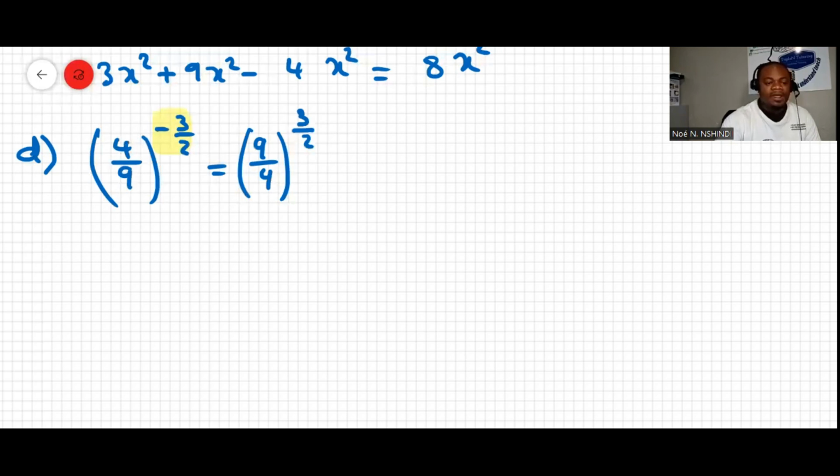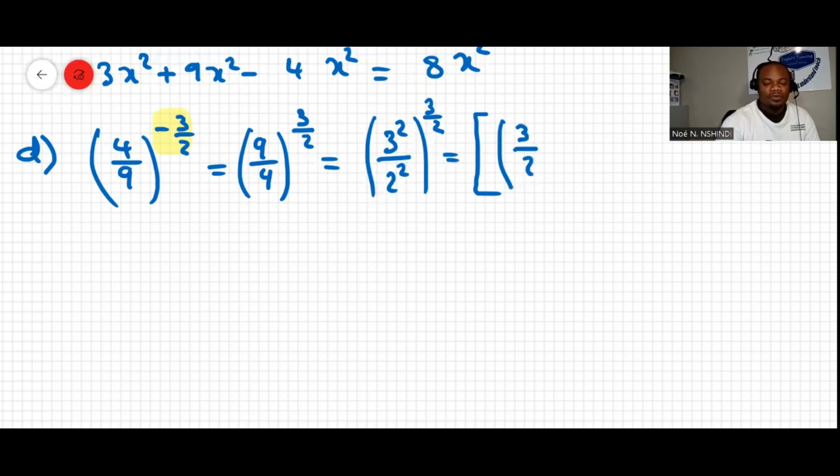Now, 9 is a square number, so is 4. So this can be written as 3 squared over 2 squared, to the power of 3 over 2. So this can be written also as, I can use the square bracket here, 3 over 2 all squared, all to the power of 3 over 2.